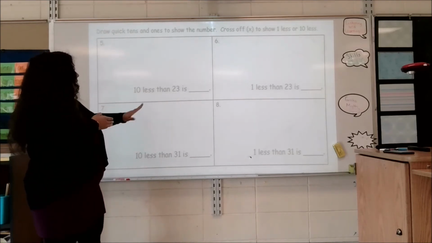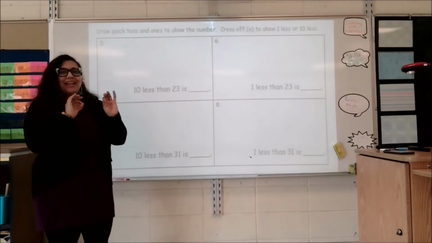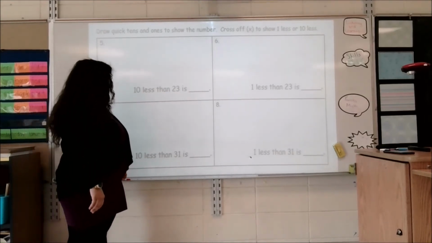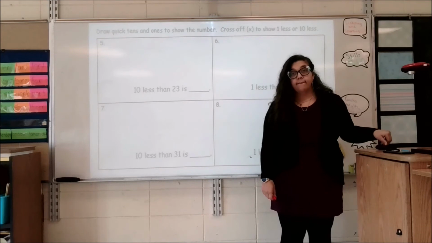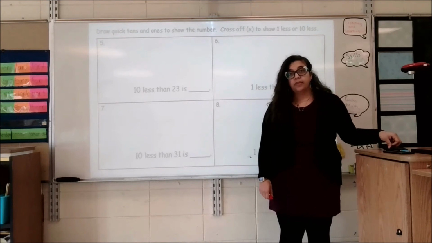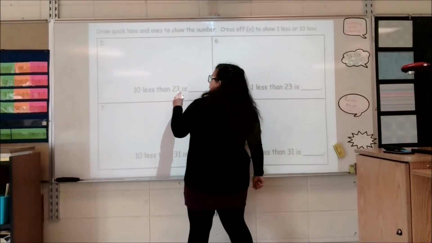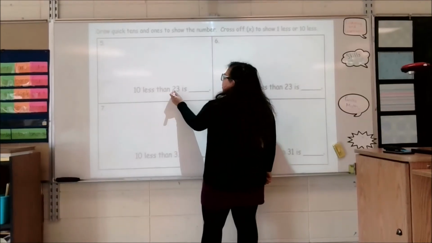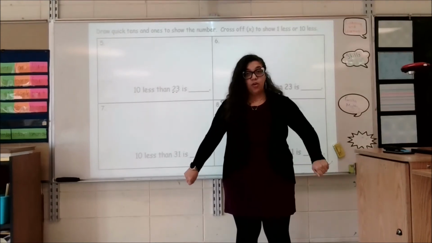The first one reads, 10 less than 23 is. So what do I need to do? I need to draw 23, correct. The number 23 has 2 digits, which means there's a tens place and a ones place.